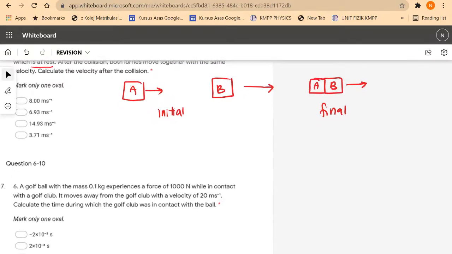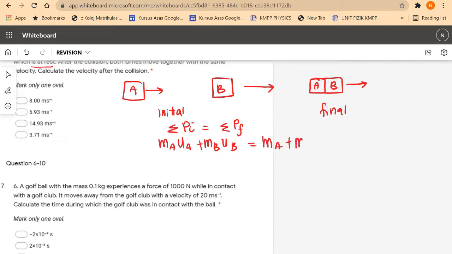So you can use the principle of conservation of momentum. Total momentum initial equals total momentum final. So this one will be mA uA plus mB uB. The final momentum will be mA plus mB times V, because they share the same final velocity.